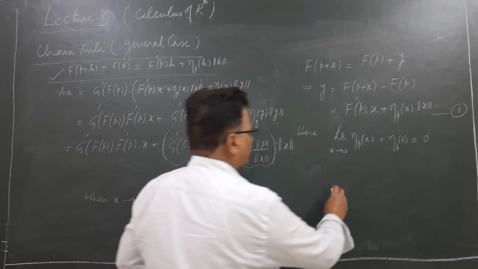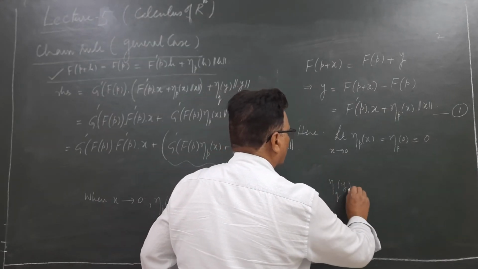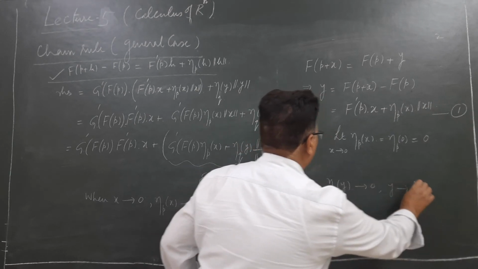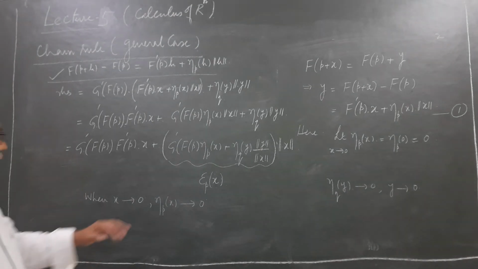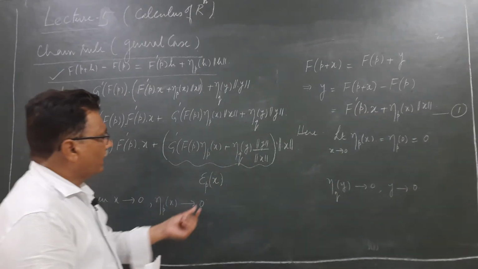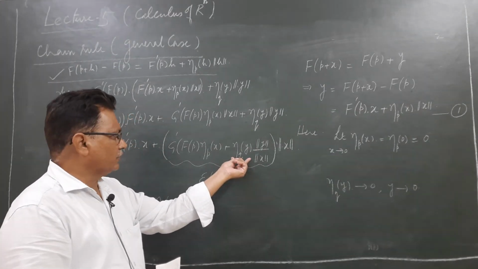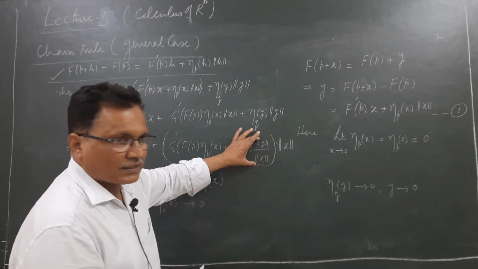Eta q also tends to 0 when y tends to 0. This is also known to us. I will make use of this fact. So, this term tends to 0, so it means it is a continuous function. Eta q y will also tend to 0 when y tends to 0. But we have to see what about this.